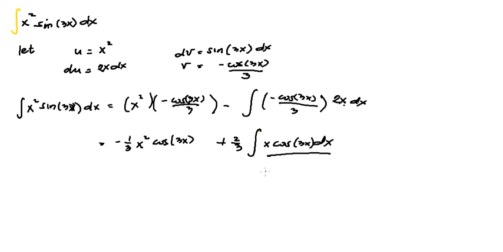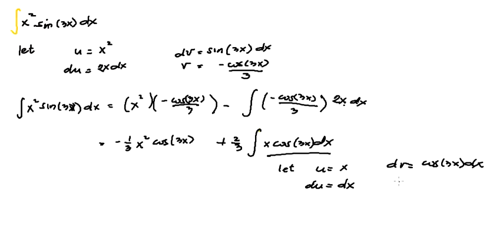Solving this part, we let u equal x, then our dv is cosine 3x dx. Getting the derivative of u, du is just dx.